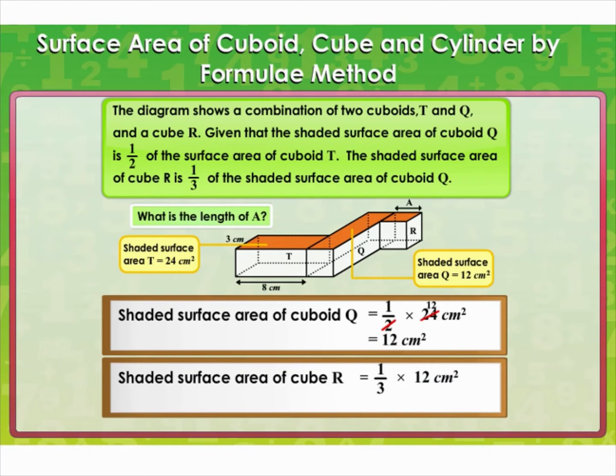Very good. 1/3 of 12 square centimeters is 4 square centimeters. This means that the shaded surface area of the cube R is 4 square centimeters.